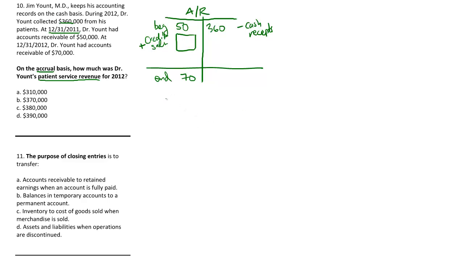Okay, so if you take beginning plus sales minus receipts equals ending, we're trying to find credit sales, so we can rephrase this as sales equals ending plus receipts minus beginning.